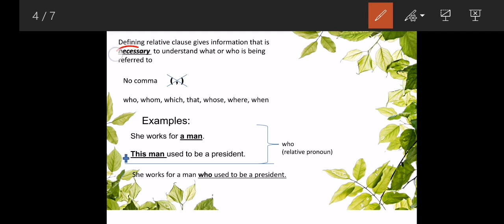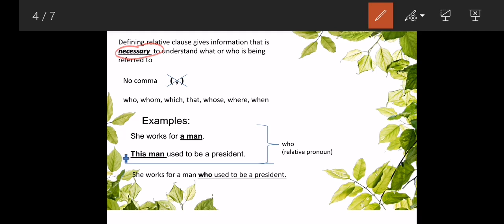Notice this underlined word, necessary. What does necessary mean? It is essential. You can't take it out. If you omit a defining relative clause in a sentence, that sentence will have a different meaning. The meaning will be incomplete.